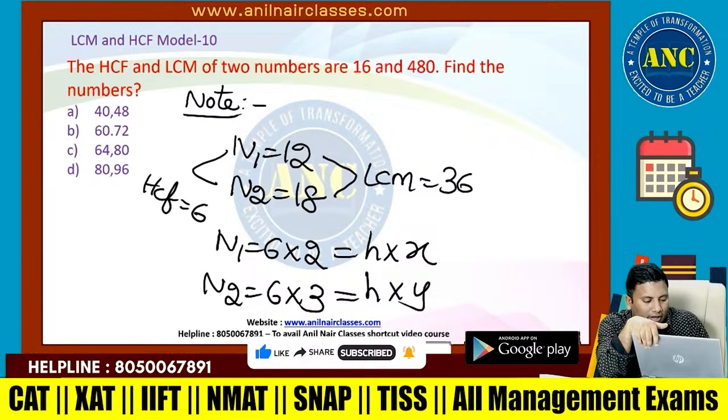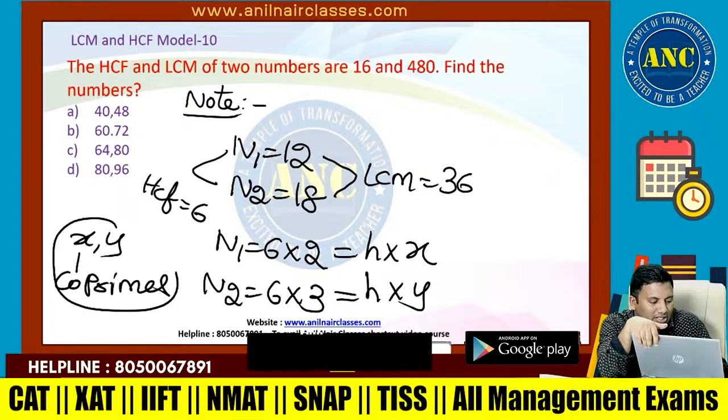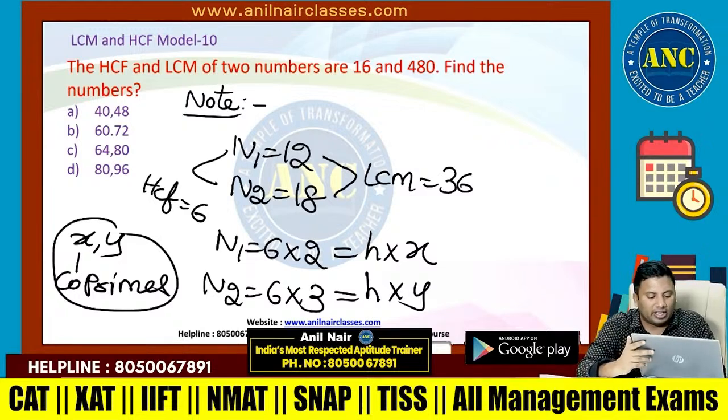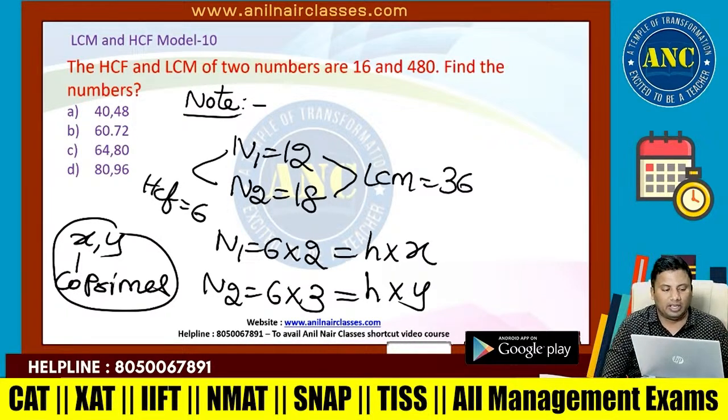Any natural numbers can be written as H into X and H into Y, where X and Y are co-prime to each other. Please write this down.